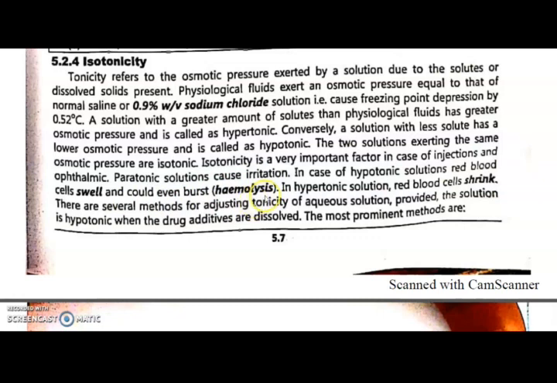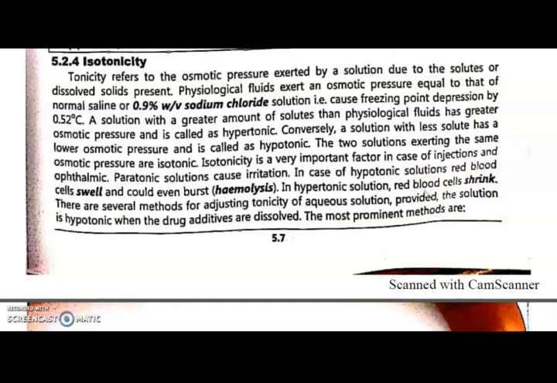Another, when we inject or administer a hypertonic solution, it causes shrinkage of red blood cells. Due to these reasons, the drug formulation needs to be isotonic with body fluid.